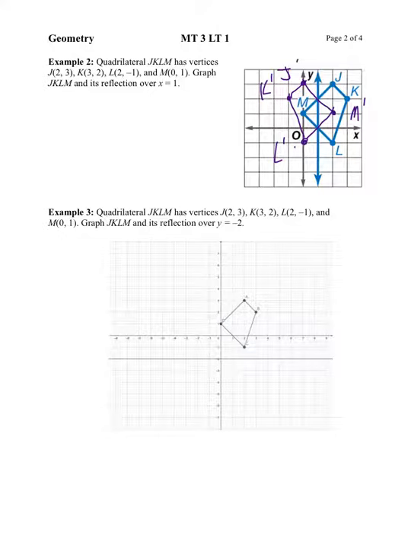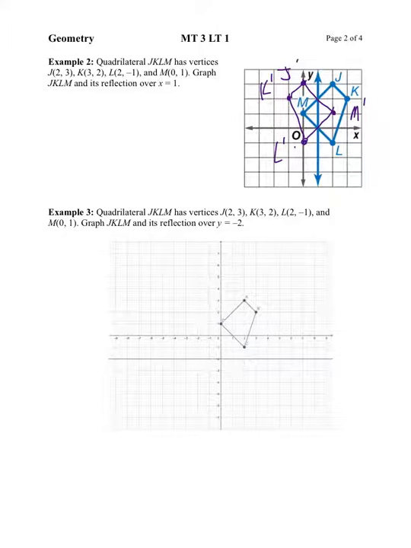Now, if we take a look at example 3, it looks very similar, doesn't it? The only difference is instead of a vertical line, we're going to reflect it across a horizontal line. So I'm going to take C and move it 1 down to get to my line of reflection.